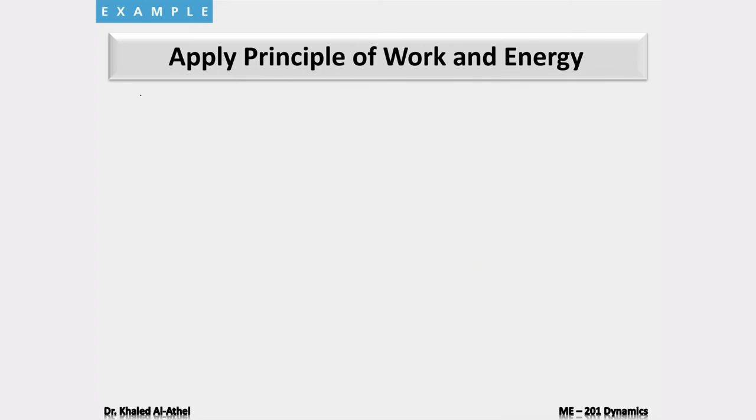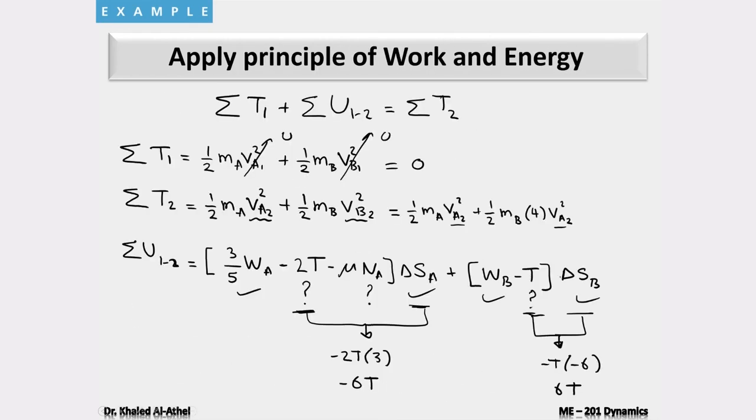As we said, if you remember, summation of T1 equals 0. Summation of T2 is equal to, just to remind you of that one, half MA VA squared plus half MB times 4 VA squared.